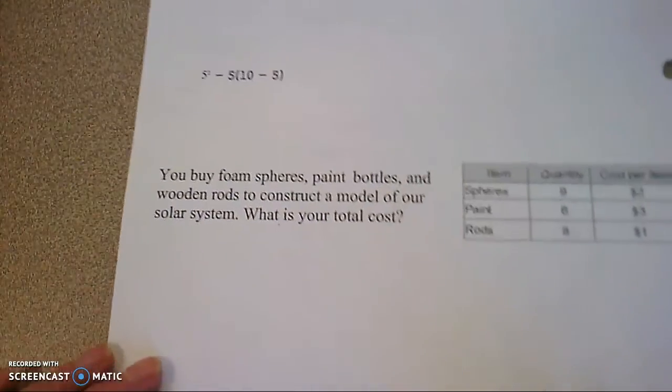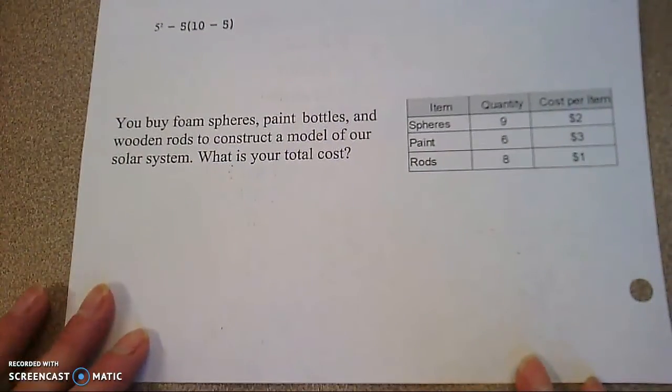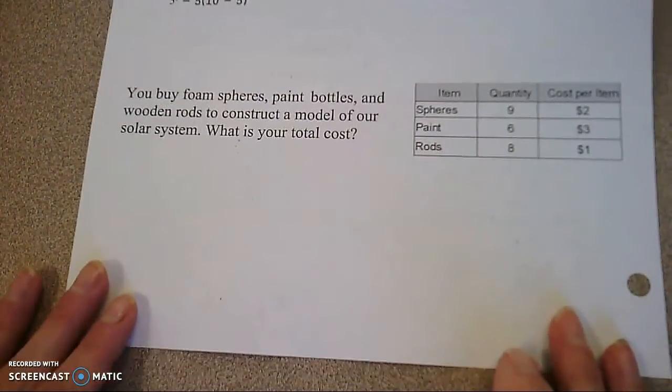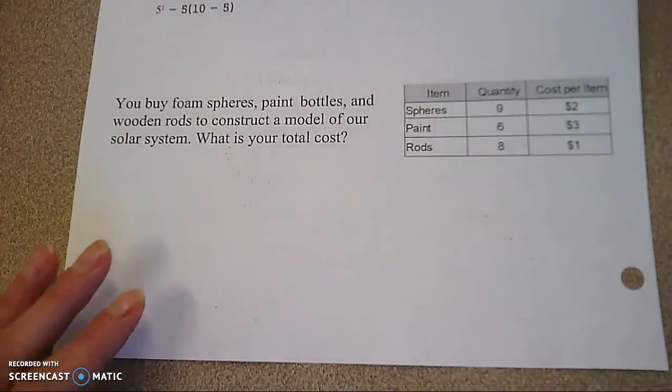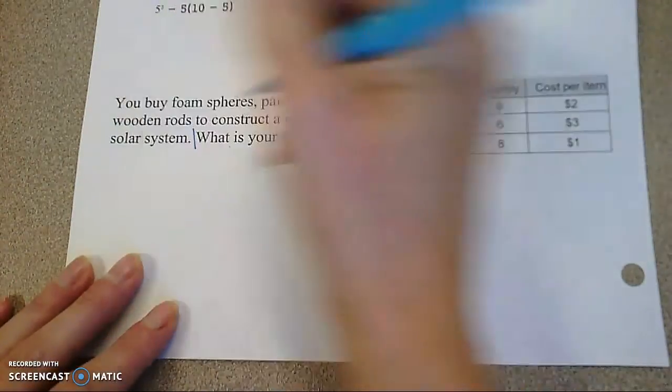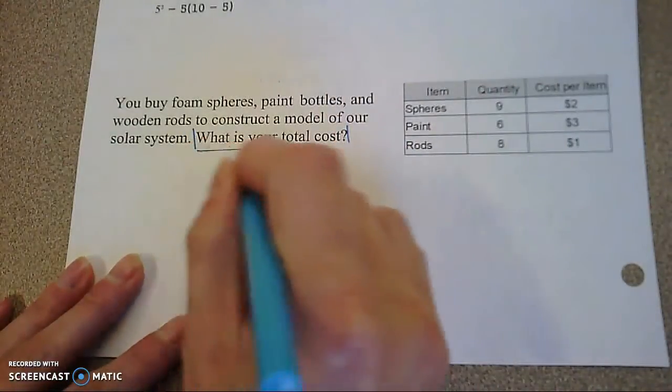Okay. All right, so down here, we're going to go ahead and mark our text first. It says you buy foam spheres, paint bottles, and wooden rods to construct a model of the solar system. What is the total cost? So what we're trying to figure out, I'm going to put a box around that question, what is your total cost?